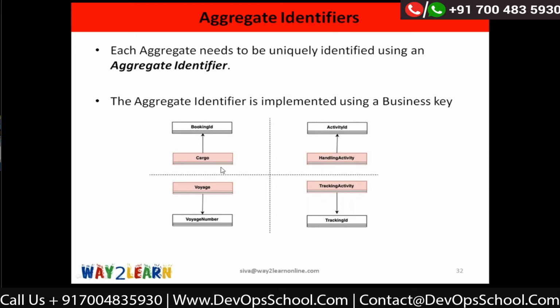For voyage, the voyage number is the identifier. For handling activity, the handling activity ID. Similarly, for tracking activity, the tracking ID. So these are the aggregate identifiers.